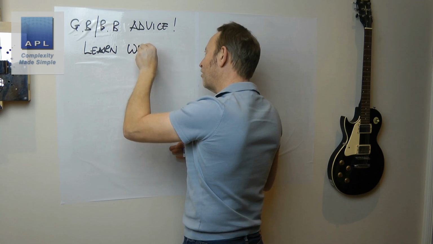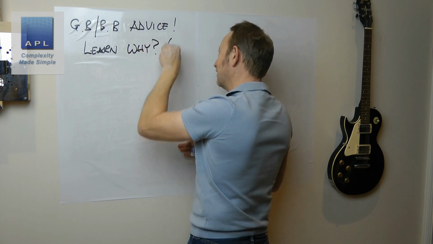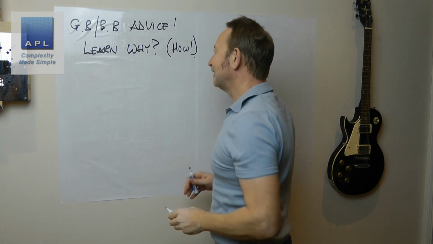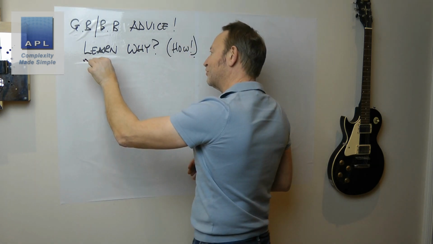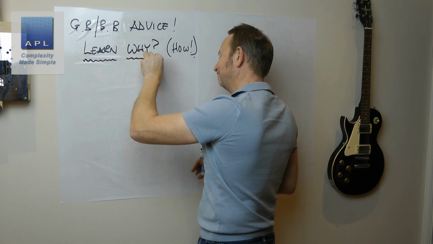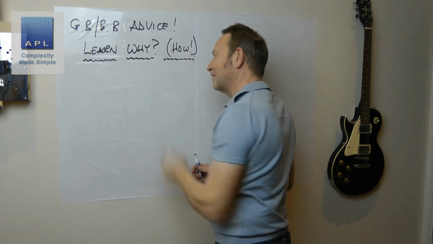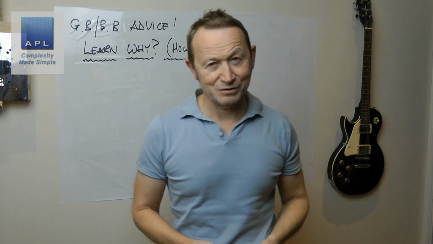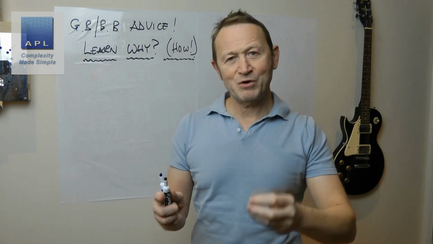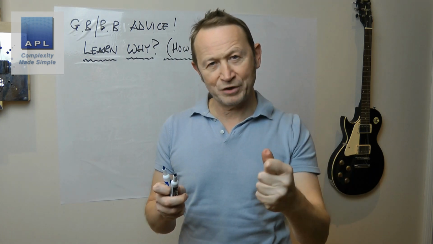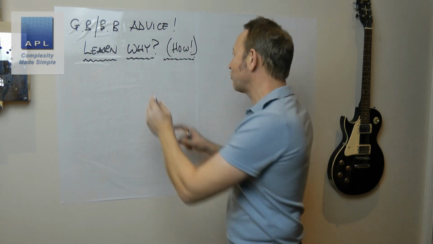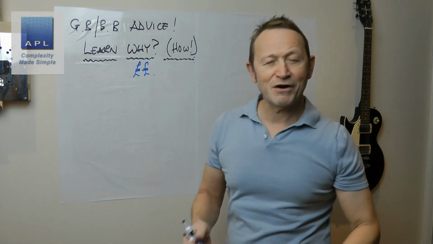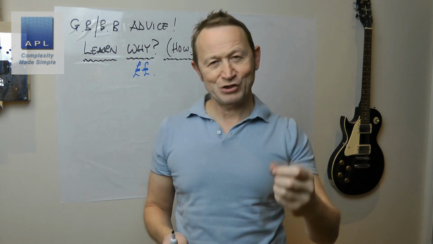Learn why instead of learn the how. Now this is a piece of advice that I give to all of my green belts and black belts, and it's about learning about the power of Six Sigma, because the why is where the money is.